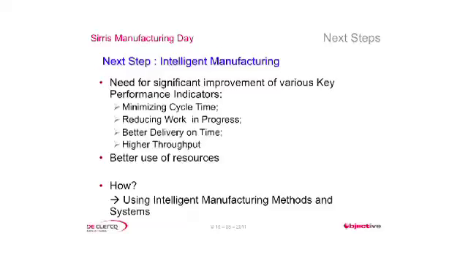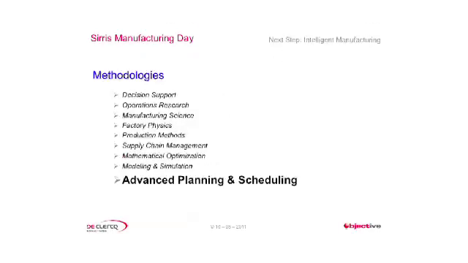As Mark indicated, the next step is to introduce these new things into MES. So the next step is intelligent manufacturing, where QRM is one of the methodologies. You can provide this next step using different kinds of methodologies.